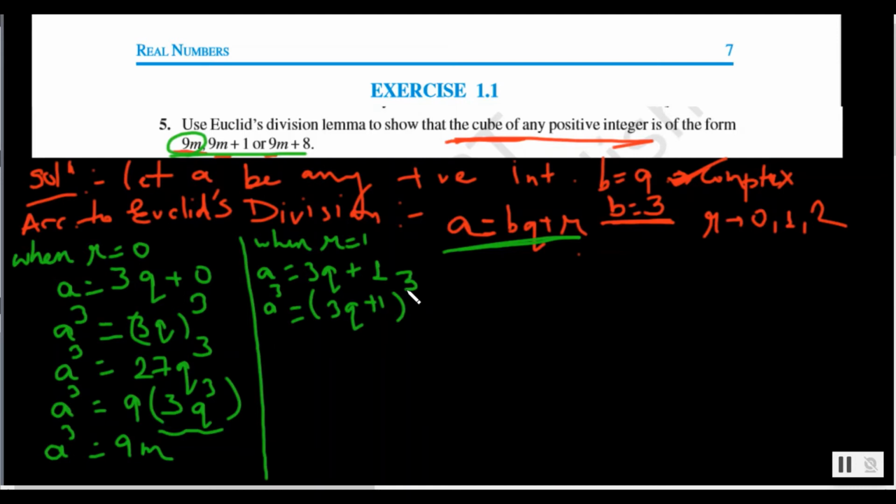We know the formula, let me write it over here. (a plus b) whole cube is a cube plus b cube plus 3a square b plus 3ab square.